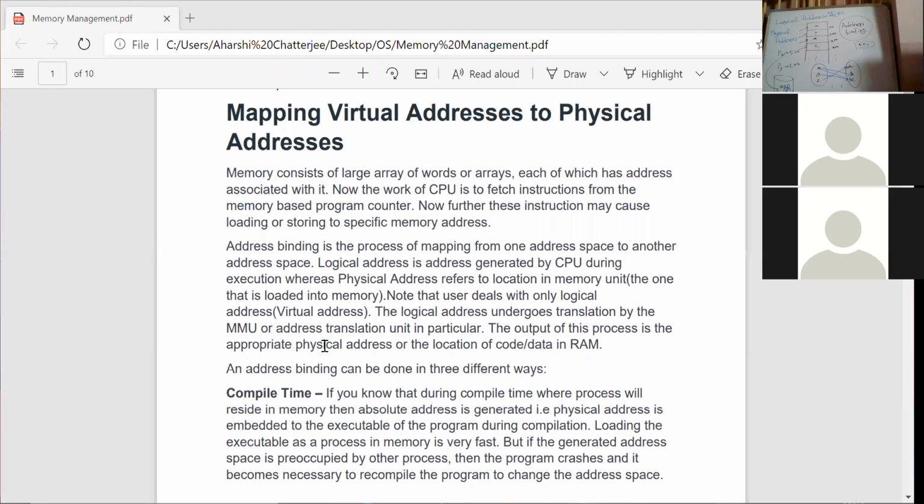Now, operating system will convert that logical address into the actual address of this data location X, which is known as physical address.